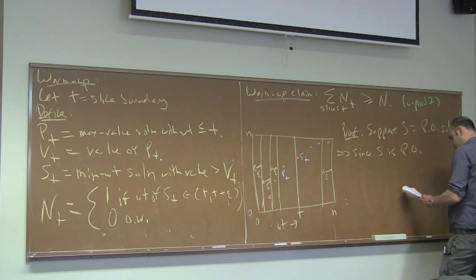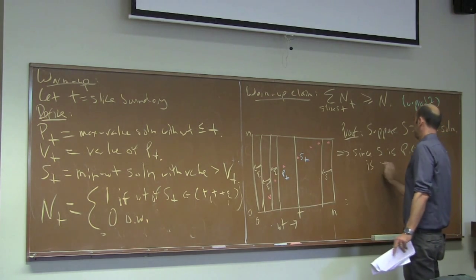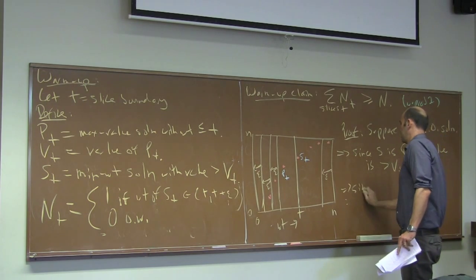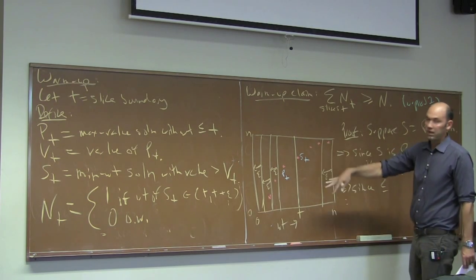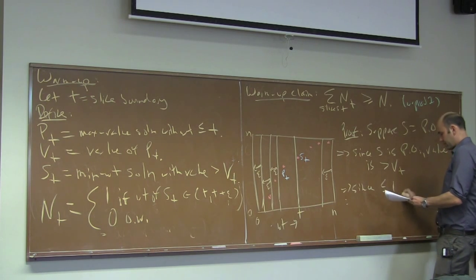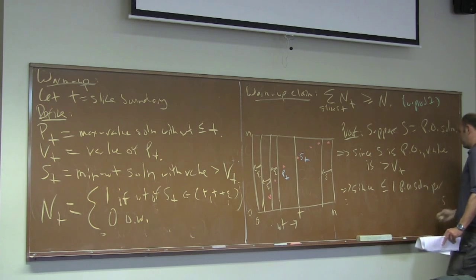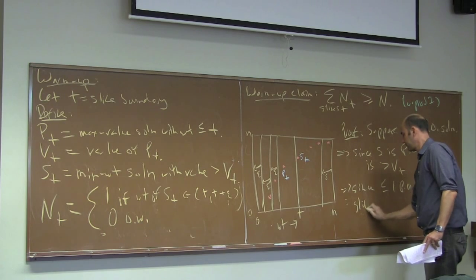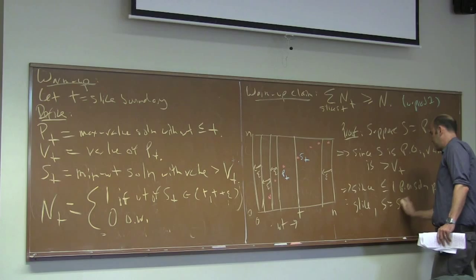So value is greater than v sub t. And then remember, we're going to assume for the rest of the proof that every slice has at most one Pareto optimal point because we've chosen epsilon so small. So since there's at most one Pareto optimal solution per slice, the claim is that S has to be equal to S sub t.